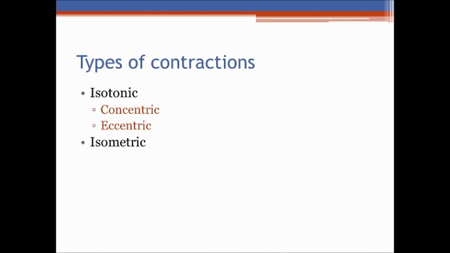We also have different types of contractions. We have isotonic and isometric, and we have different types of isotonic contractions known as concentric and eccentric. In isotonic, the muscle is going to be changing length due to the load that's placed on it. Isometric, there's no change in length.